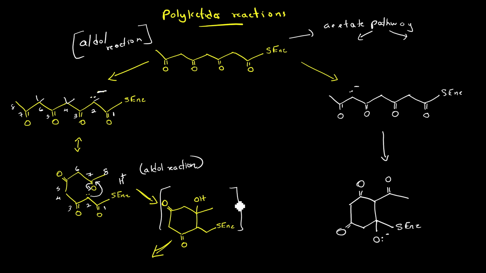And then in the next step, there is a hydrogen on this place. We can use a biological base which takes this proton and breaks this bond to form a pi bond between this carbon and this carbon. Due to this breakage, this hydroxyl group will be removed.